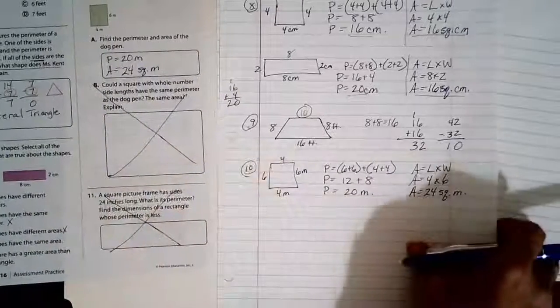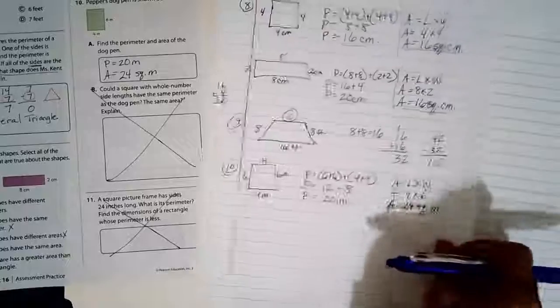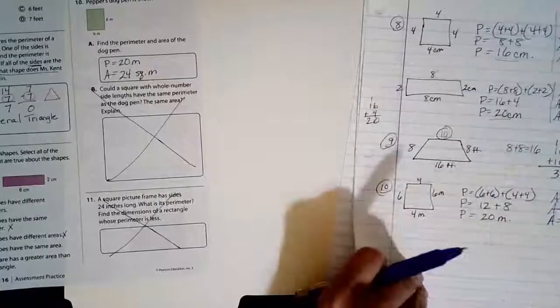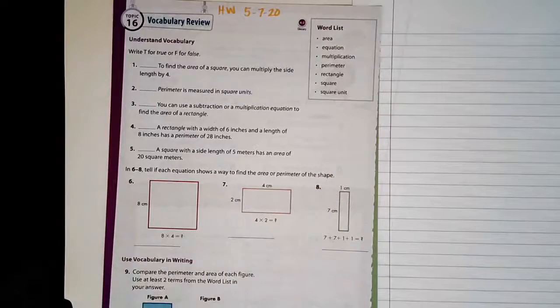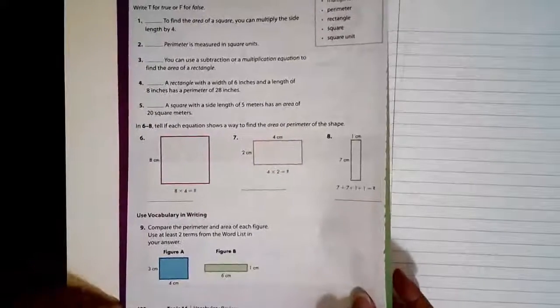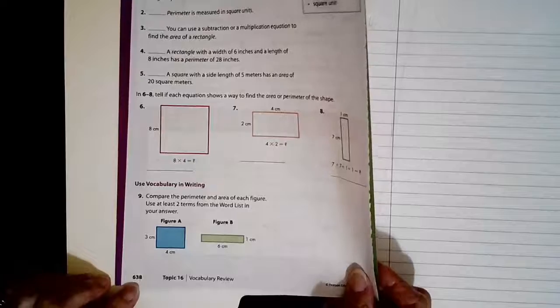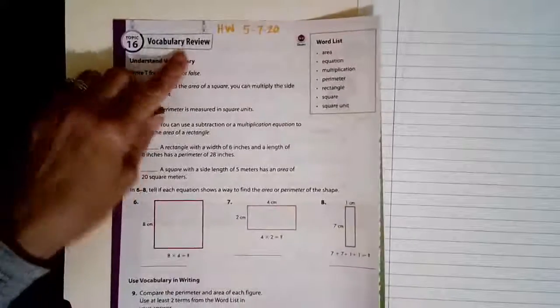So boys and girls, that was our review. If you are having difficulty with this, please let me know. I'll be happy to help you with it. Or also I can assign you some extra iReady on perimeter and area so that you're prepared for the test. Let me show you what your homework will be for tonight. You will have page 638, the vocabulary review.